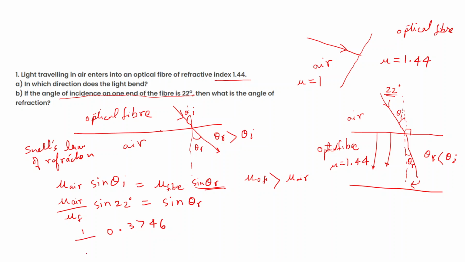The refractive index of optical fiber given is 1.44. Let's calculate this also. 1 divided by 1.44 is 0.6944. So this will be 0.6944 multiplied by 0.3746.